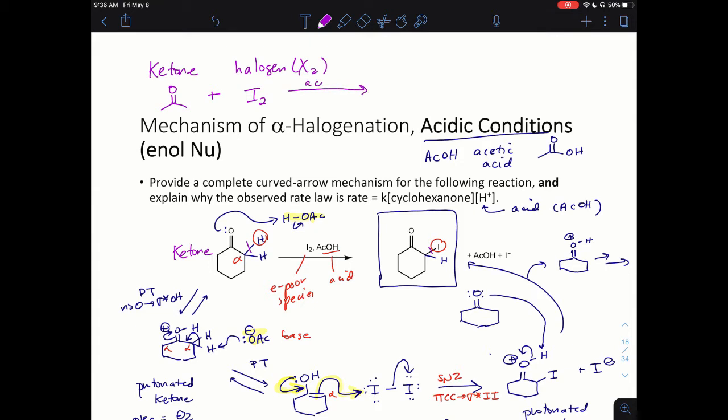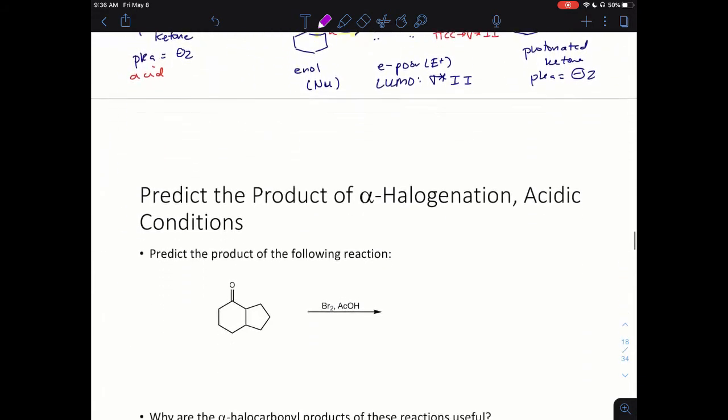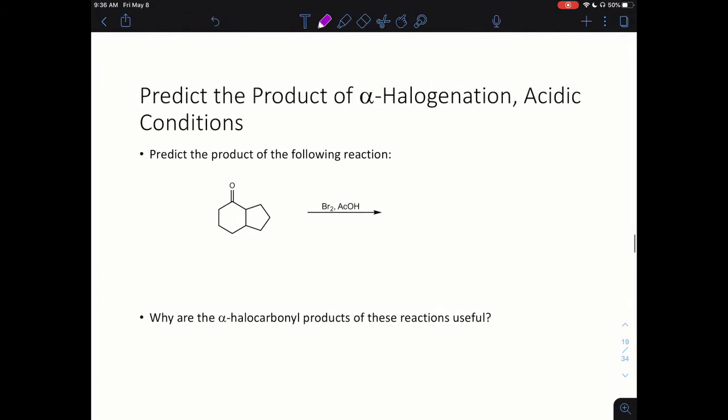Under acidic conditions, you will obtain an alpha halogenated product, which is called an alpha haloketone. So this is the entry for your reaction chart. Now you probably ought to pause and ponder, and once you have, let's predict the product of this reaction.